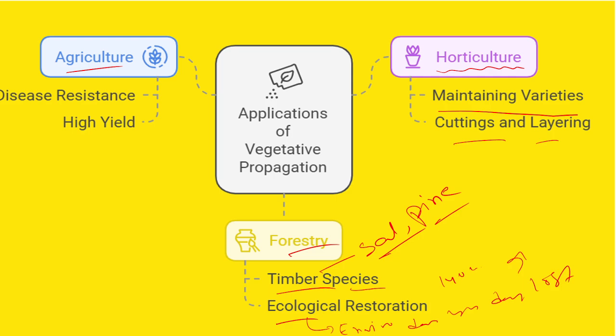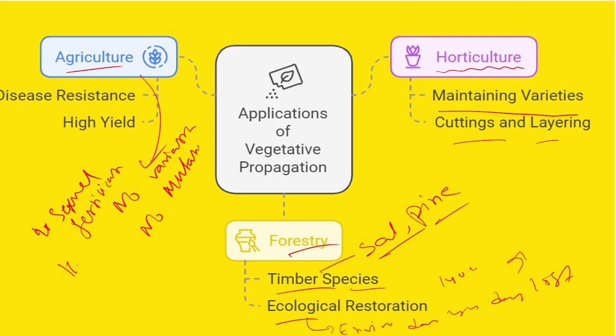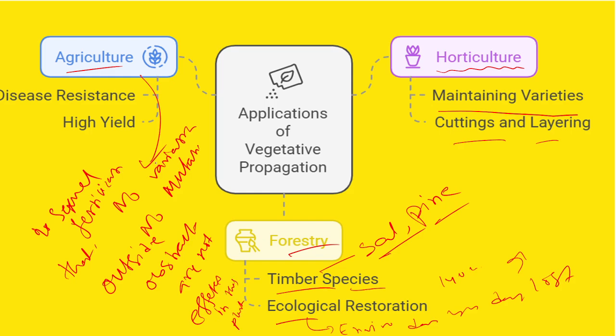That means in agriculture, with the help of vegetative propagation, the new plant has disease resistance and high yield. Because there is no variation, no mutation, since there is no sexual fertilization, outside obstacles do not affect this plant. That is why disease resistance and high yield are most important in agriculture with the help of vegetative propagation.